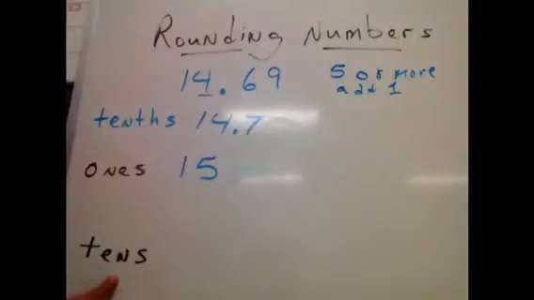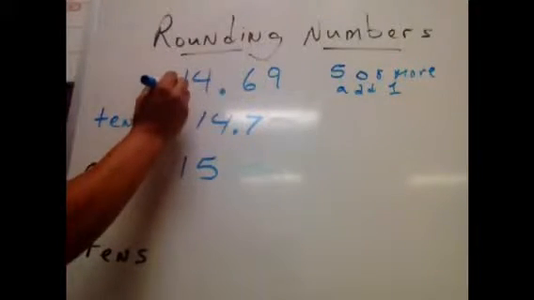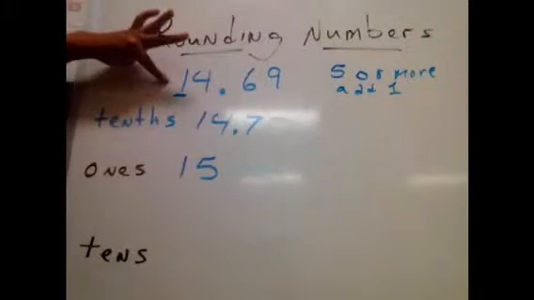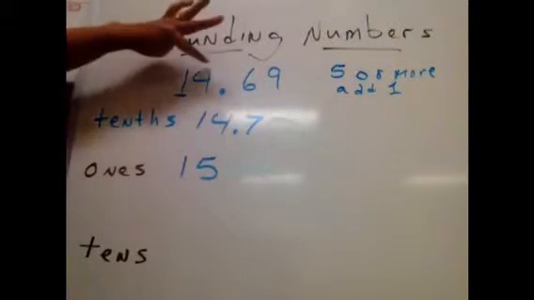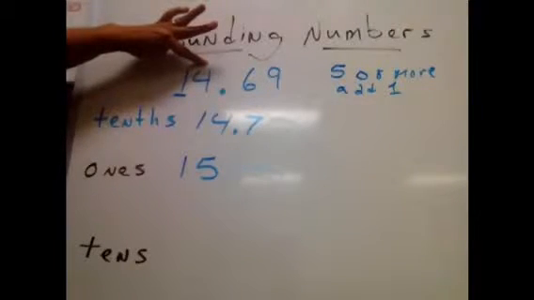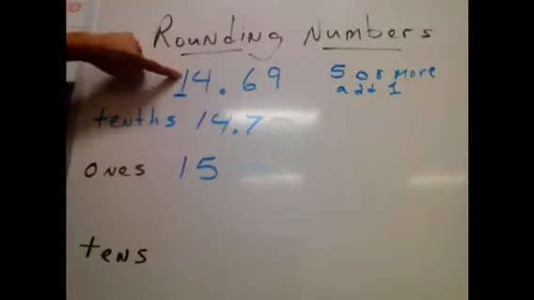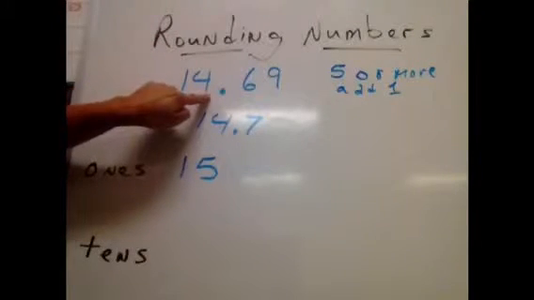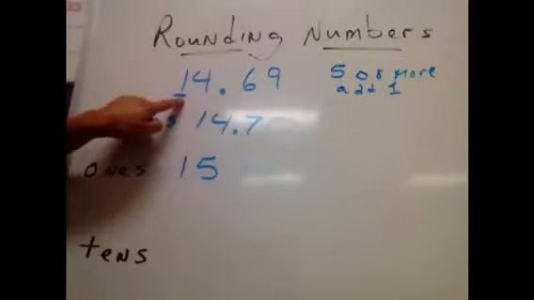What if we want to go all the way to our tens position? All right, our tens position is the 1 in this case. Looking at the number next door, we're trying to figure out, is this going to stay a 1 or are we going to add one more? Well, the number next to this is a 4, so that means the 1's going to stay the same.